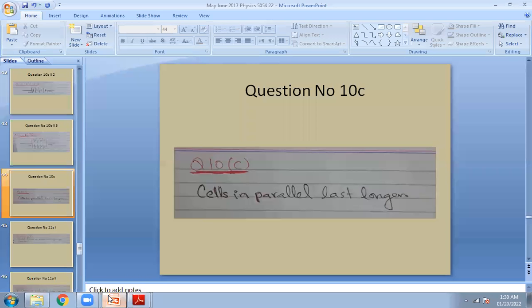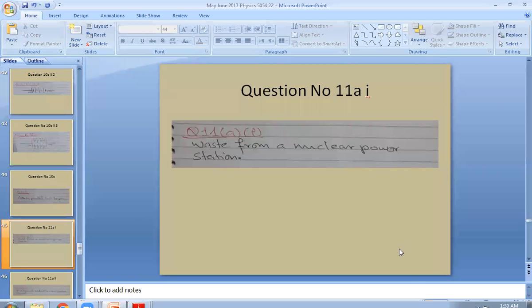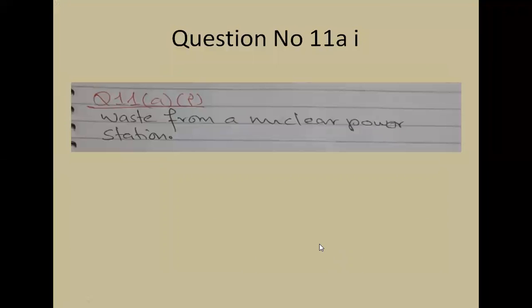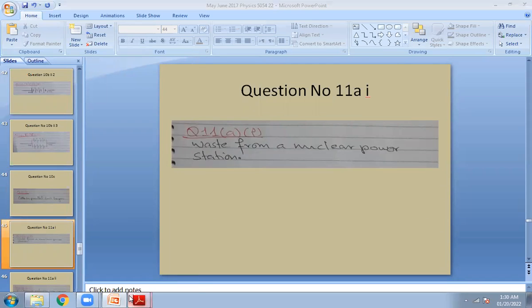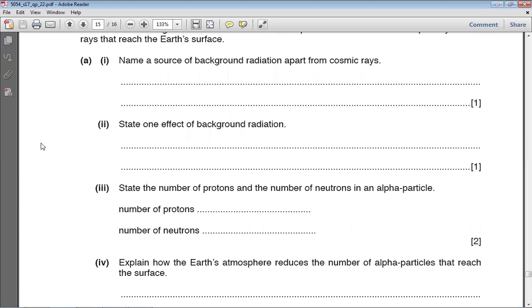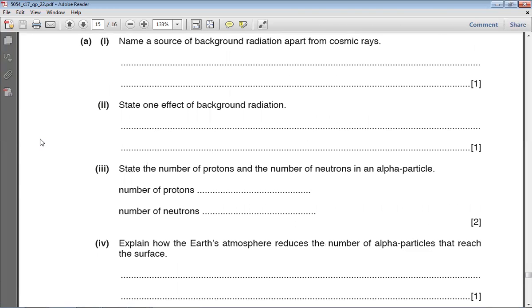So let me show you question number 11. I have only written a single source here: waste from a nuclear power station, that can cause the background radiation. Okay, the next part says, state one effect of the background radiation.